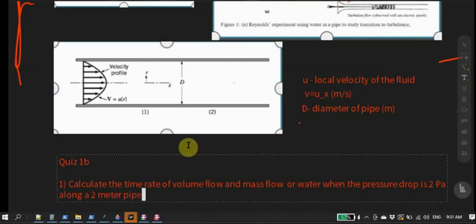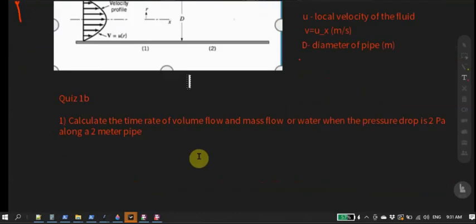So that will be quiz 1B. You have to calculate the volume flow rate and mass flow rate for water when the pressure drop is 2 Pascal along a 2-meter pipe. The velocity distribution is given by this equation.